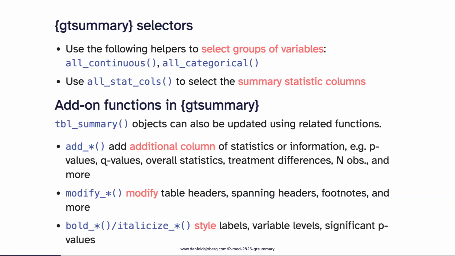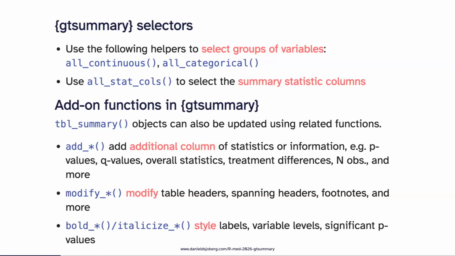And in general, the gtsummary function that is prefixed with tbl_ is going to create your initial table. Then we have add_ functions. Add functions are the second type of function that you're going to be using pretty frequently, and those are going to be adding additional columns of statistics or information. Sometimes they add a row, but most often they're adding columns.